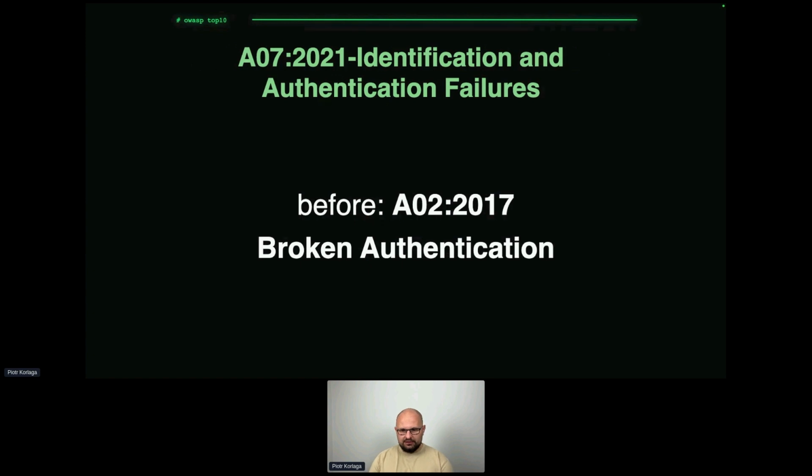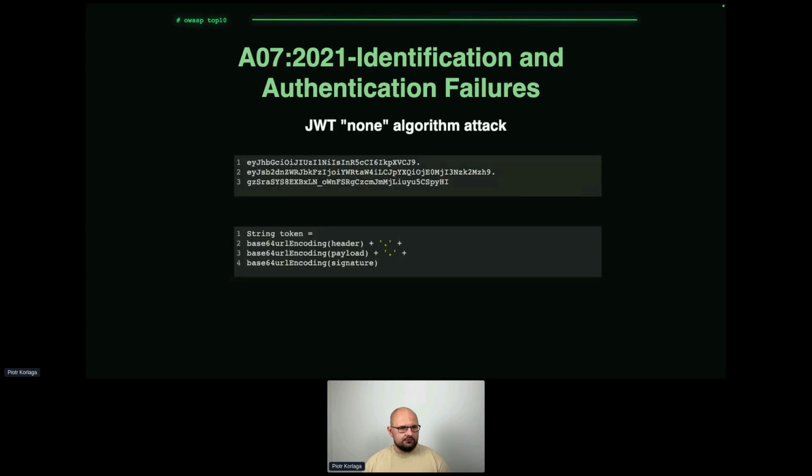Identification and authentication failures. Before it was broken authentication, but it's not only broken authentication, any failures can happen. And to give you an example, there is something like the none algorithm attack. So what is this? This is basically JWT. It's kind of a standard. We use that for authentication in almost every web application.